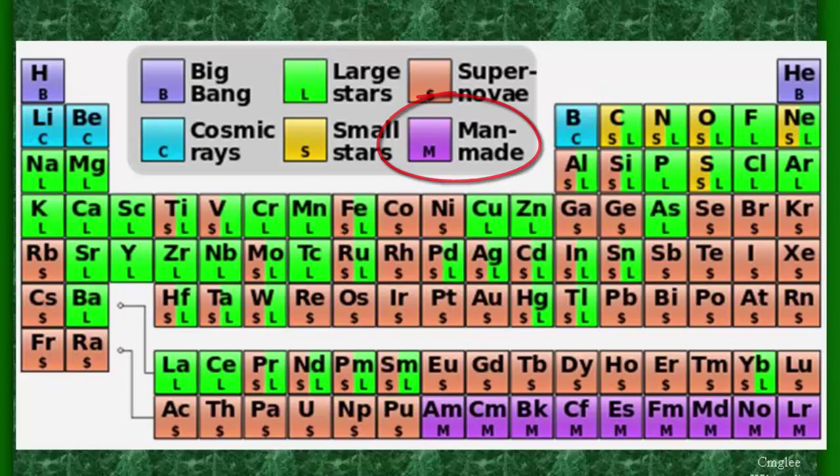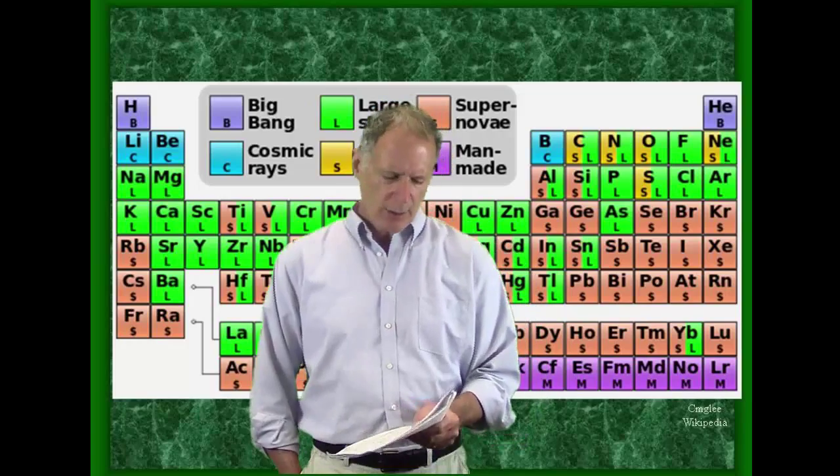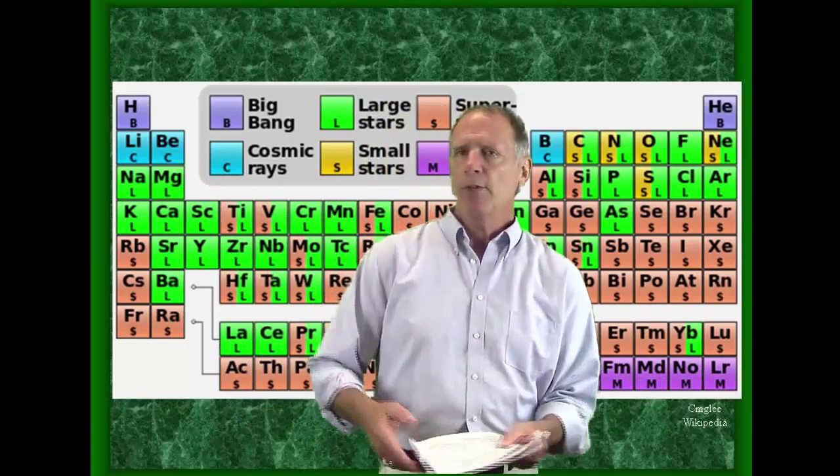The small stars are things like the sun, and when they go through their red giant phase, the sun will stop at carbon. The other elements in green, those are made by the big red giants when they form. And then finally you have all the elements that are created by the supernovae, type 2 supernovae for the most part. And so this is in general the way we get the elements.